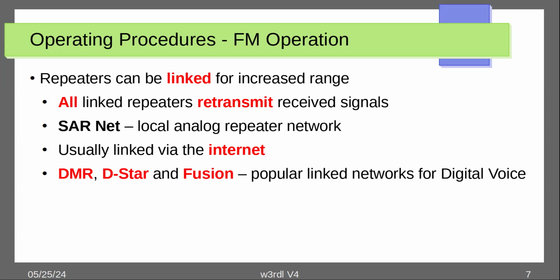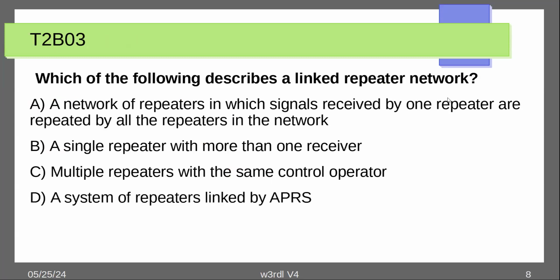Supposedly there's ways on the internet to do that bridging. I've never tried it, but in theory, you can get from D-Star to DMR and back. Not a test question.